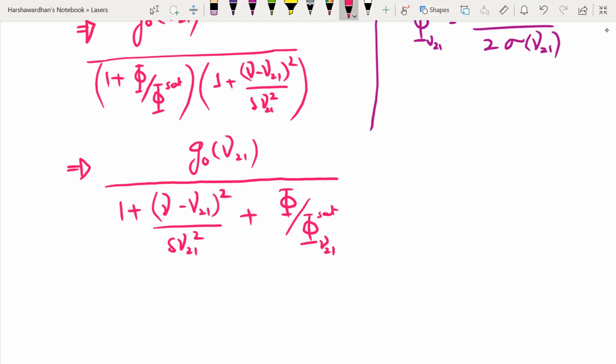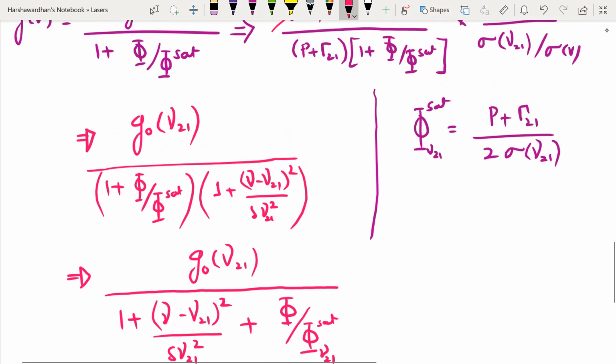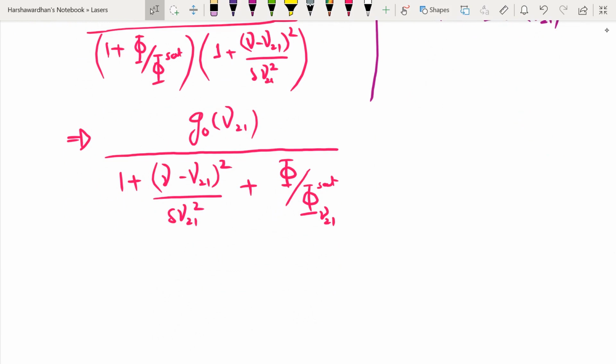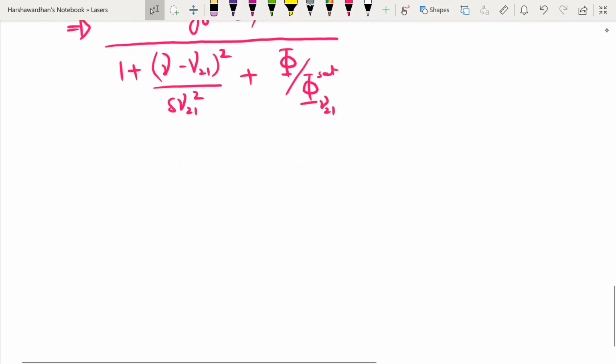This is the line center saturation. We are distinguishing between phi saturation and phi saturation at nu to 1. So this is the final form you get. What are the consequences of such a relationship for the gain? So let's look at it pictorially.